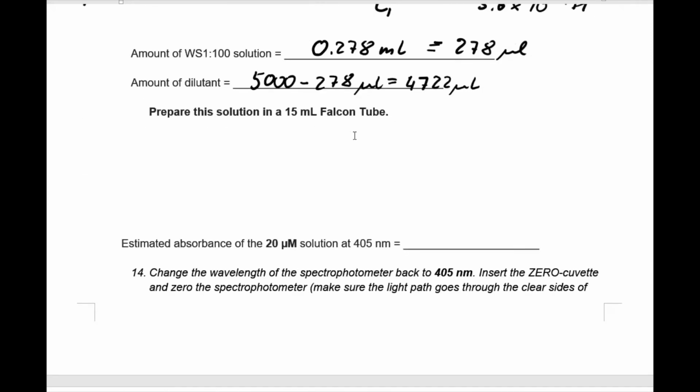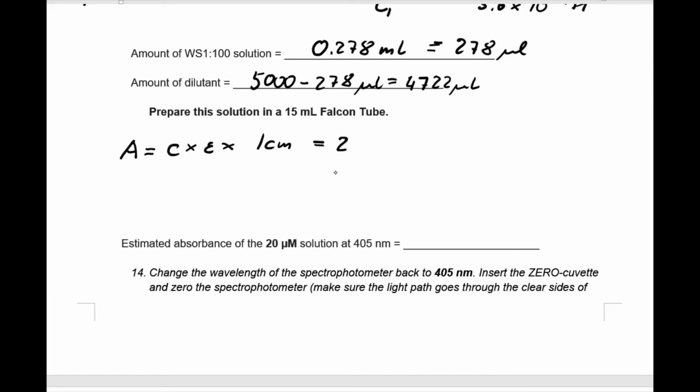diluent. So we prepare that, and now we can also estimate the absorbance of this solution. So again, we can say absorbance equals the concentration times the extinction factor times 1 centimeter. And the extinction factor we had for the concentration, that is what we have in this cuvette.